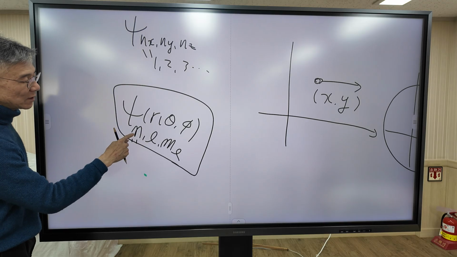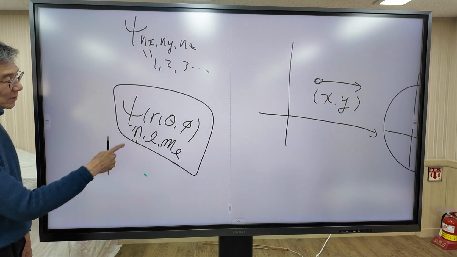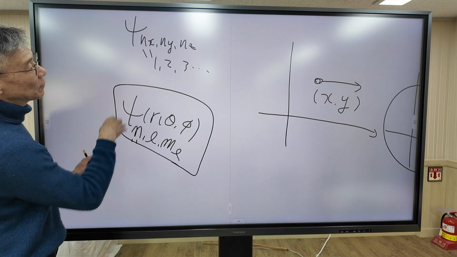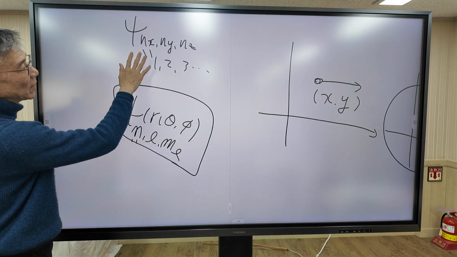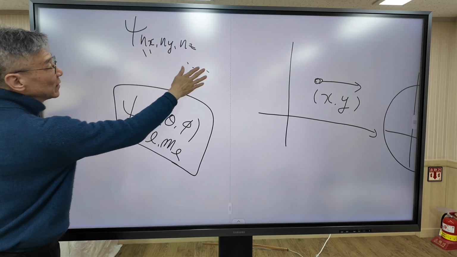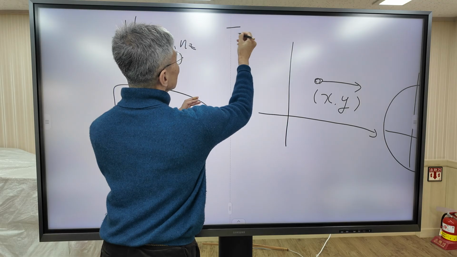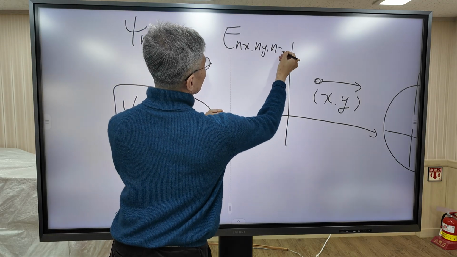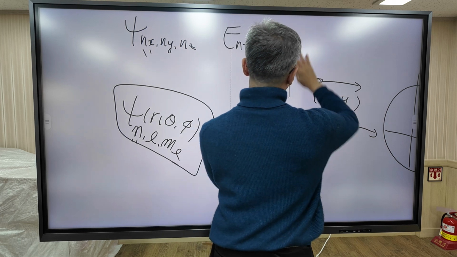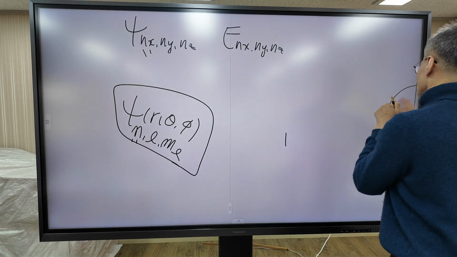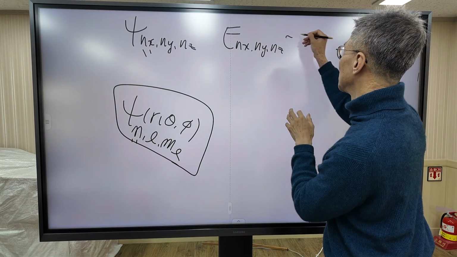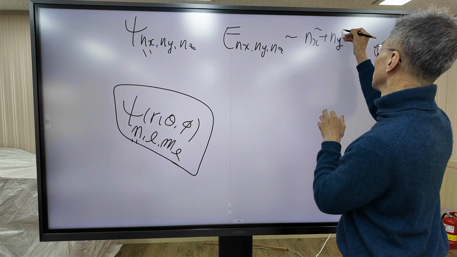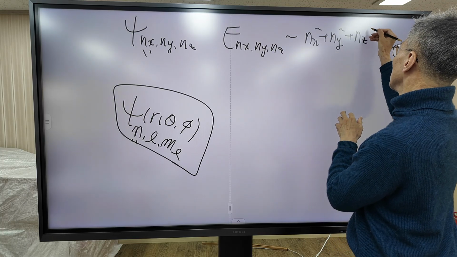Now, I'm going to talk about the physical meaning of these three quantum numbers. First, the principal quantum number. In a three-dimensional particle in a box, the wave function depends on three quantum numbers, and energy also depends on three quantum numbers. For a particle in a three-dimensional box, it is proportional to nx squared, ny squared, nz squared.